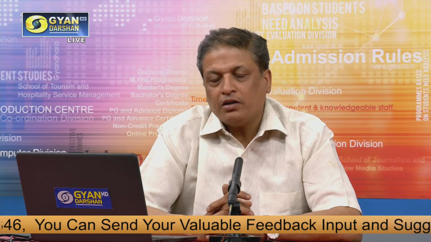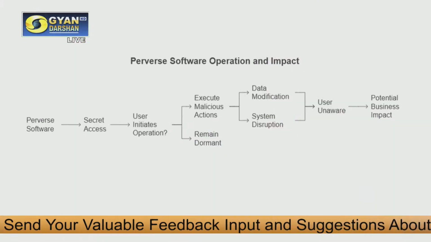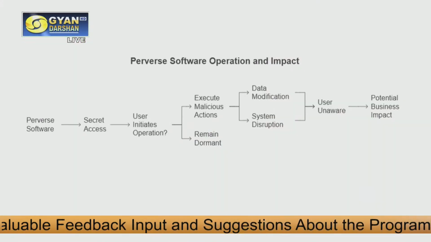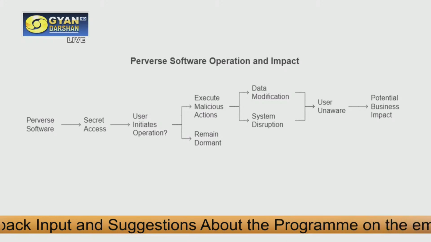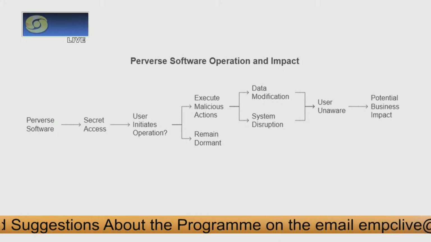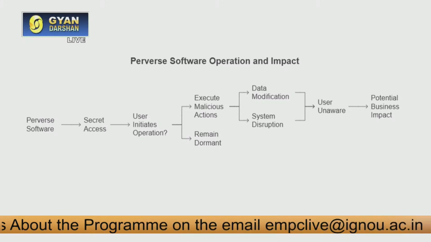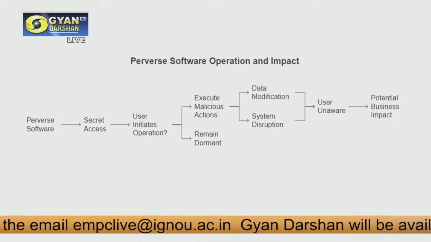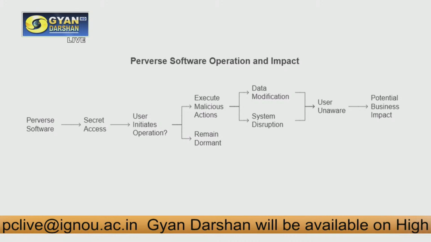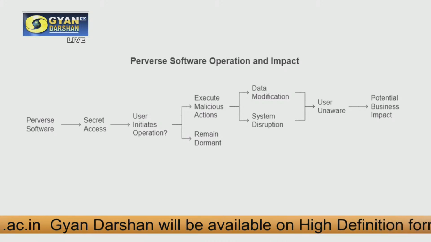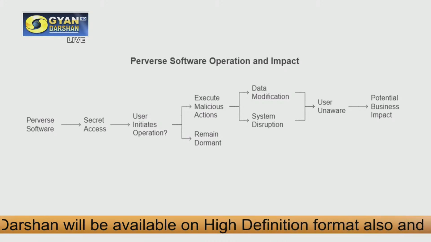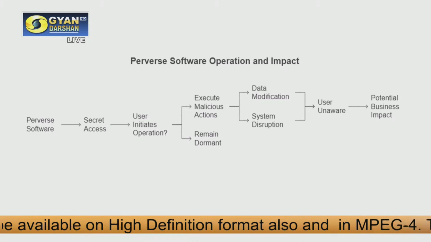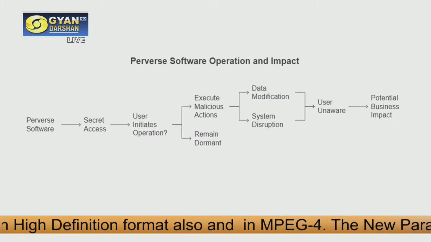And when the user initiates the operation and executes the malicious action, then the execution of the malicious action may lead to the modification of the data or disruption of the system. Apart from this, this unknowingly goes with the end user, and as a result there is a potential business impact, and there might be data loss or a system disruption.